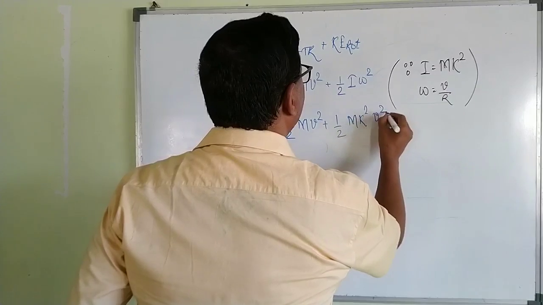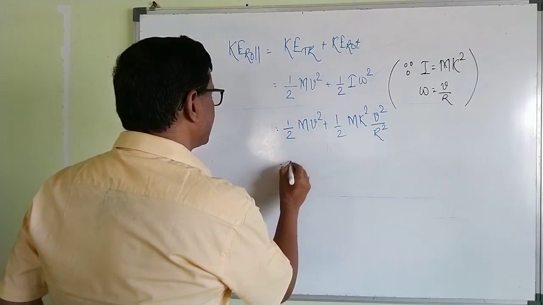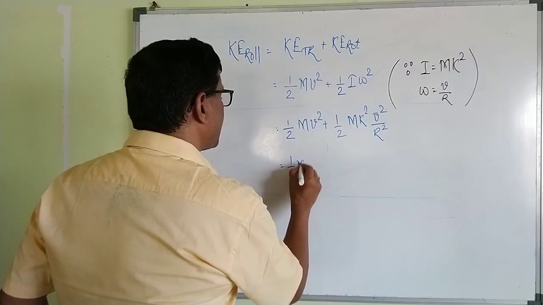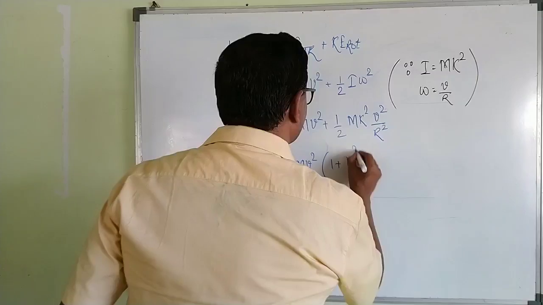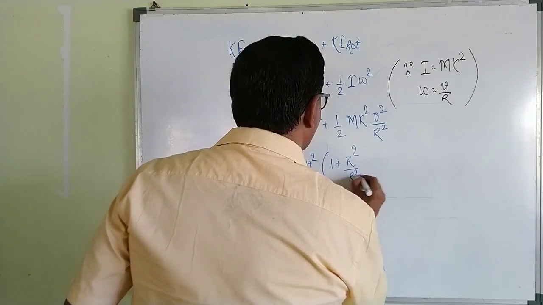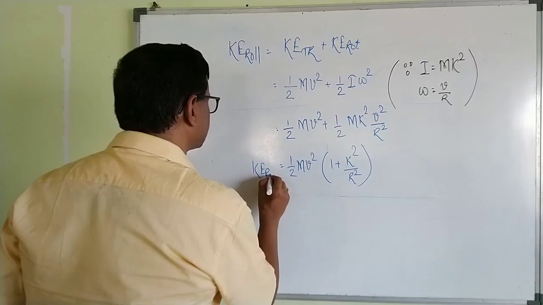Omega square is to be replaced by v square by r square, and it comes out to be equal to half of m into v square in the bracket 1 plus k square divided by r square. This is the kinetic energy of a rolling object.